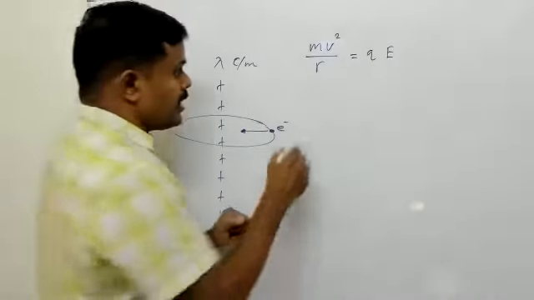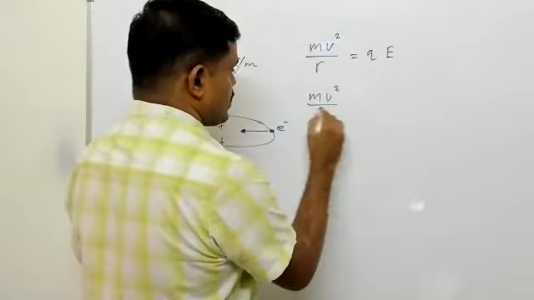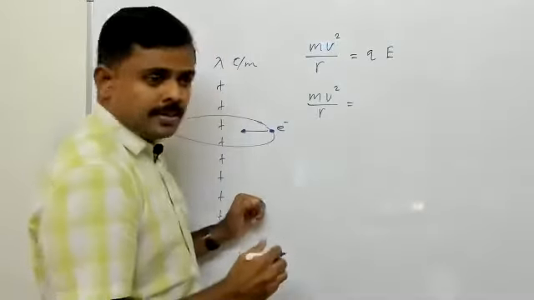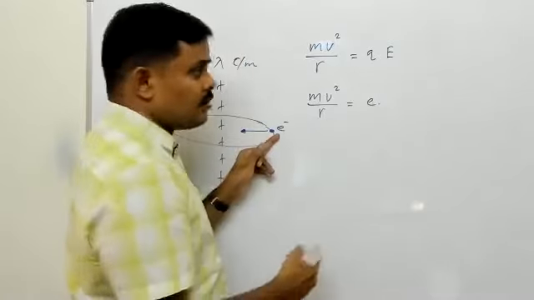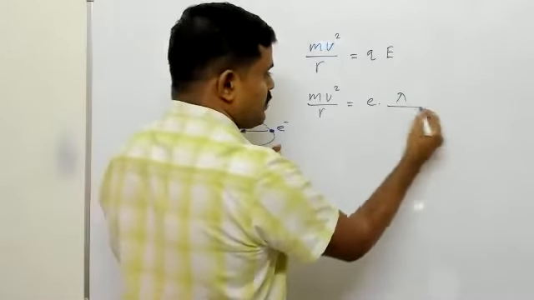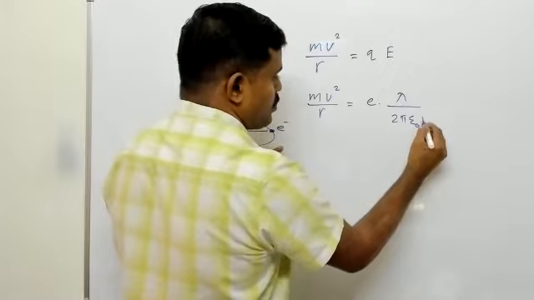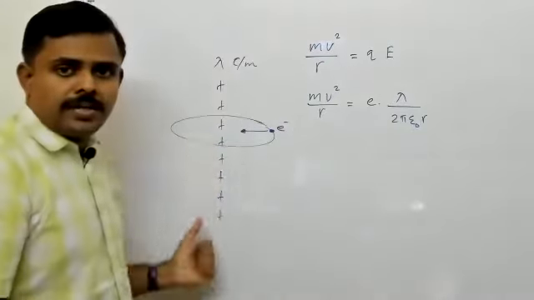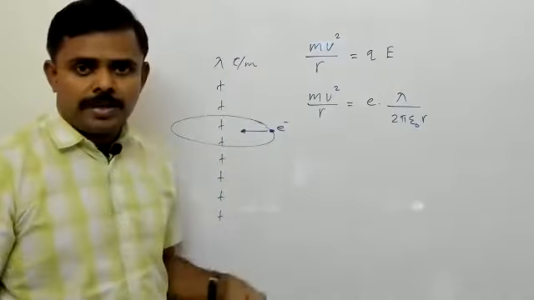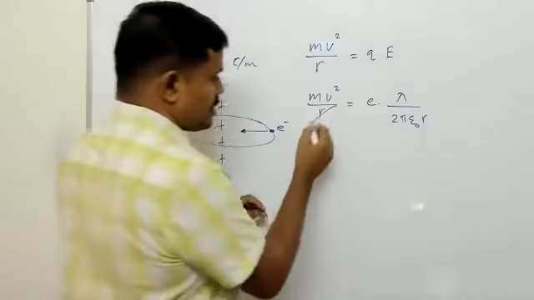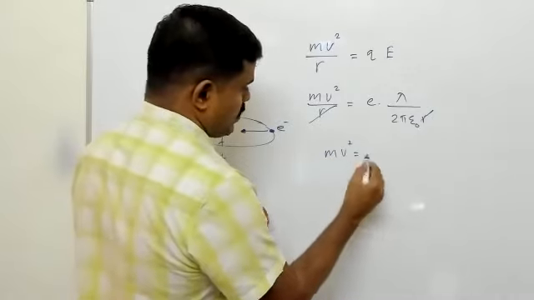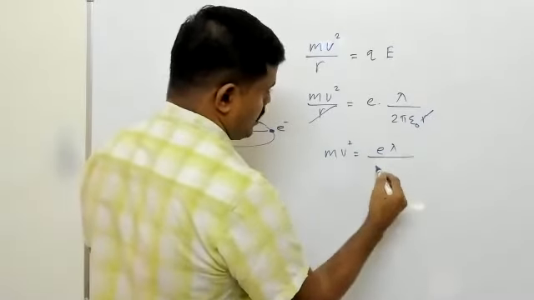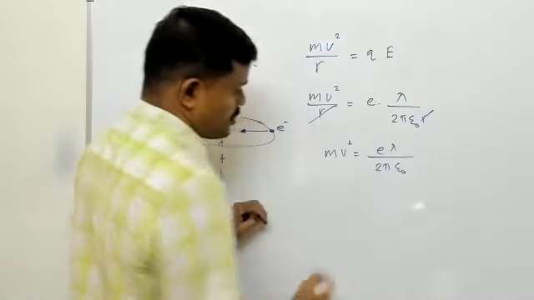So let us put it. mv square by r is equal to the electrostatic force, that is charge times electric field. The charge of the electron is e. If you remember, electric field intensity due to a line of charges is lambda by 2 pi epsilon 0 r. I can cut r and r. What do we get? mv square is equal to e lambda by 2 pi epsilon 0.